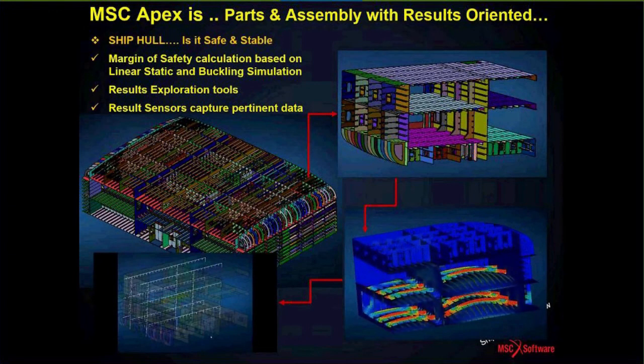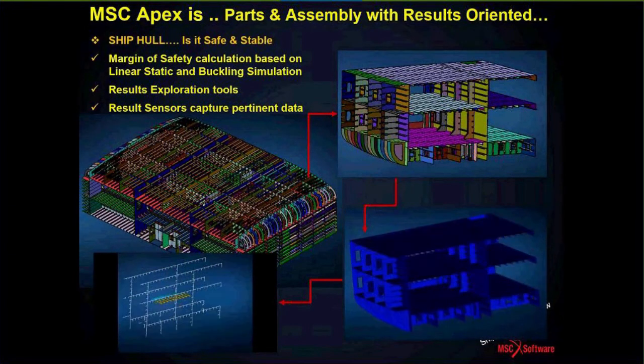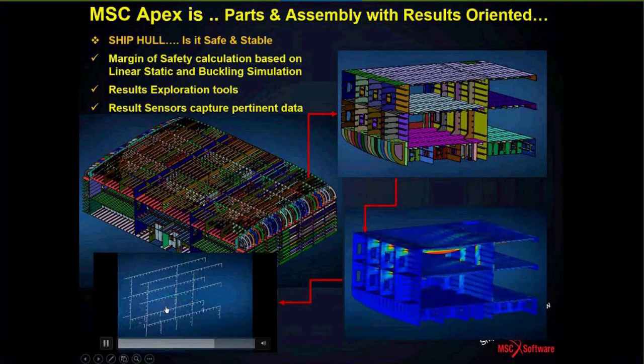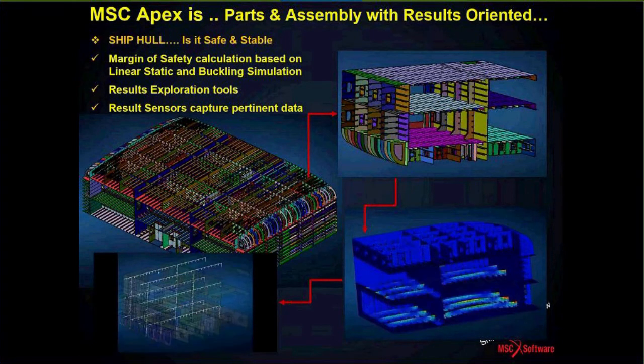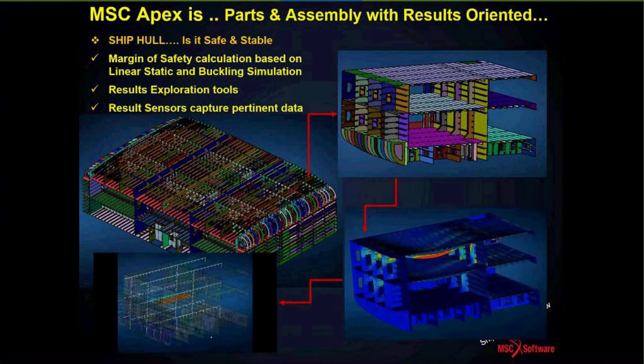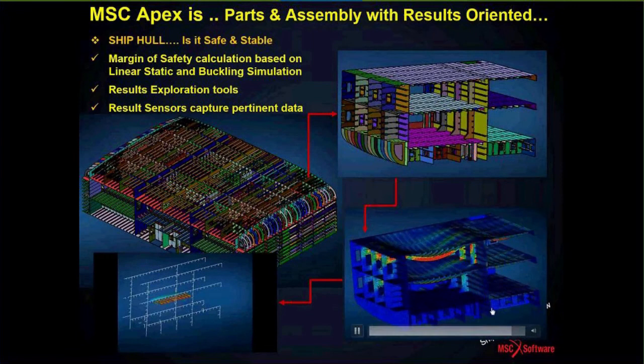So by looking at those two, now one can calculate the margin of safety, and also we can explore which part is contributing to that cross section, right?